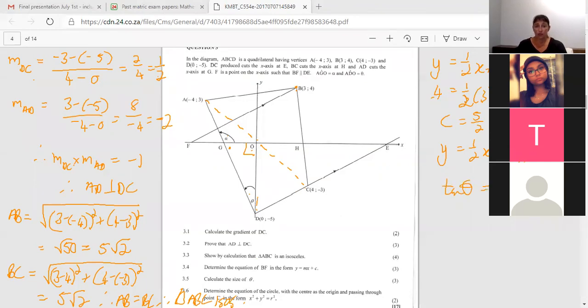Tan theta equals minus 2. Right? Shift tan 2 to get your reference angle. I hope you're busy doing it. All right, shift tan 2. Remember, don't put in the minus. Shift tan 2 is 63.4.